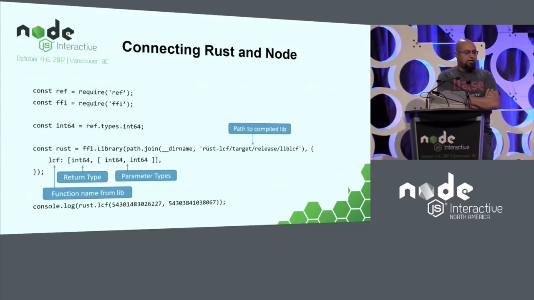So it's function name, and then it's kind of backwards. It's return type, then parameters. Or it feels backward to me. I don't know if it feels backward to you. So we have our return type, and then we specify an array of our parameters. And then we can just use it just like a normal function. So you'll notice that console log just calls it as if it was a normal JavaScript module.